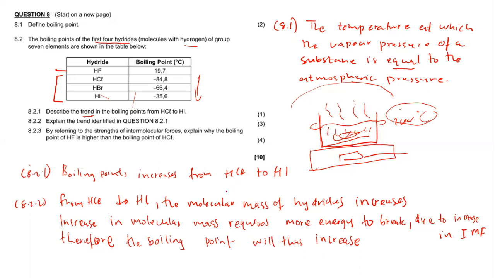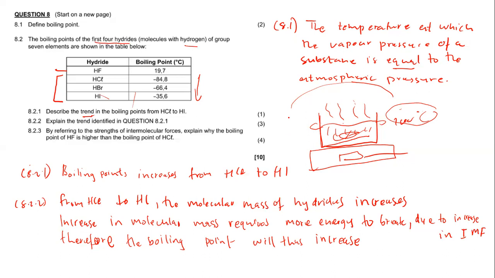So this is what is happening. When the molar mass increases, the strength of intermolecular force becomes strong. Therefore, for you to break that strength, you need more energy. If more energy is required, we're going to have a high boiling point, because the energy that is needed comes in the form of temperature, which is heat. Energy can come in many different forms.